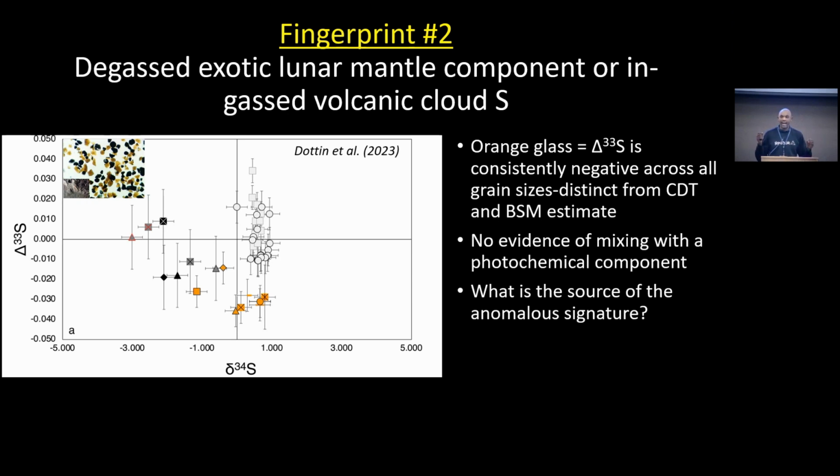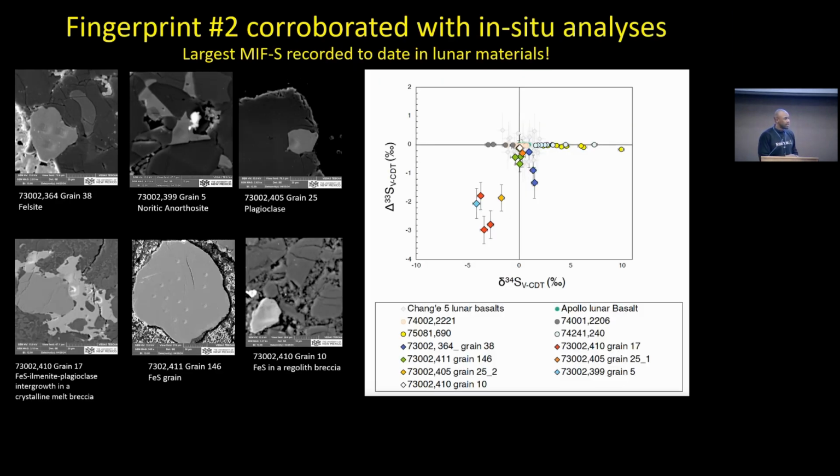we are left questioning, how do you take an atmospheric component and deliver it to the lunar mantle without, say, plate tectonics? So we decided to investigate this problem a bit further and determine whether we can find evidence of mass-independent fractionation associated with endogenous sulfur.